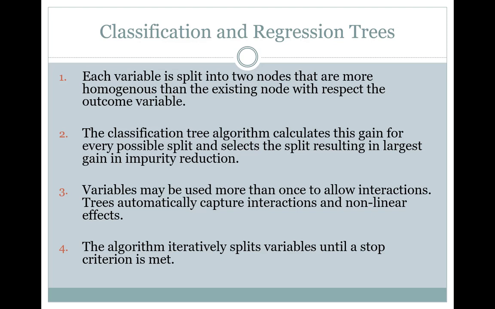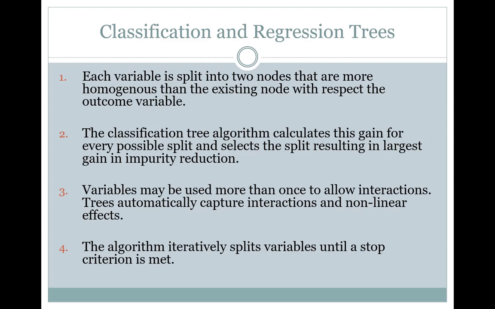Okay, so classification trees are for predicting a binary variable, and regression trees to predict a continuous variable.